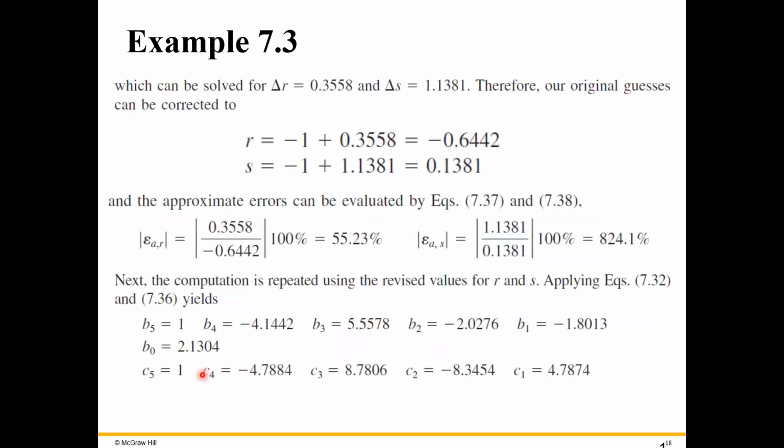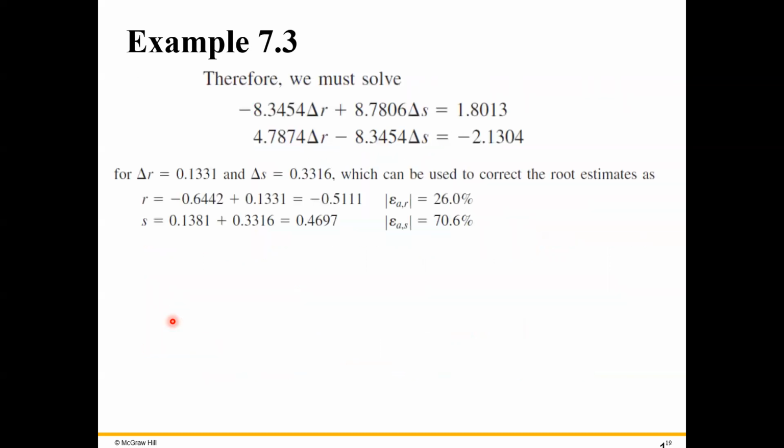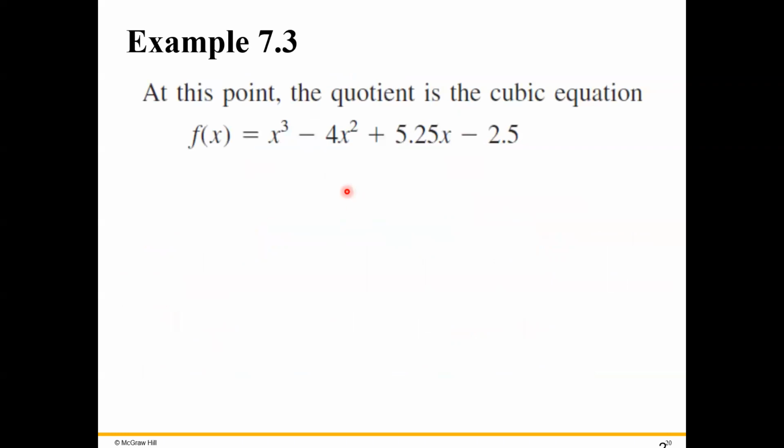For example, here. So the coefficients for the previous iteration, here, here, and here, starting from b2 to b5, these will be the coefficients of the third degree polynomial. So that third degree polynomial then will be given by this equation.